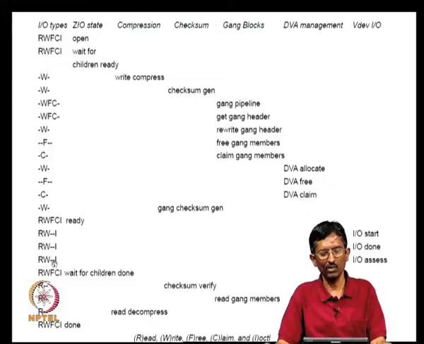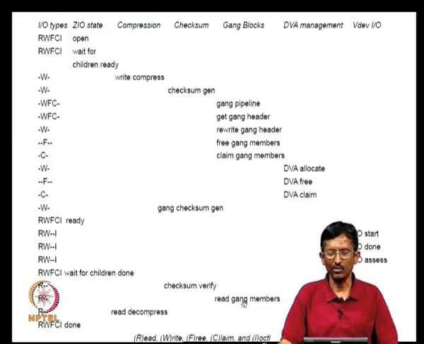So the read logic will be slightly different from the write logic. The read logic will basically go from open the device, wait for children to be ready, do the decompression, verify the checksum, and in case there are multiple subreads, you have to pick each of those and check the checksum for each one of them.